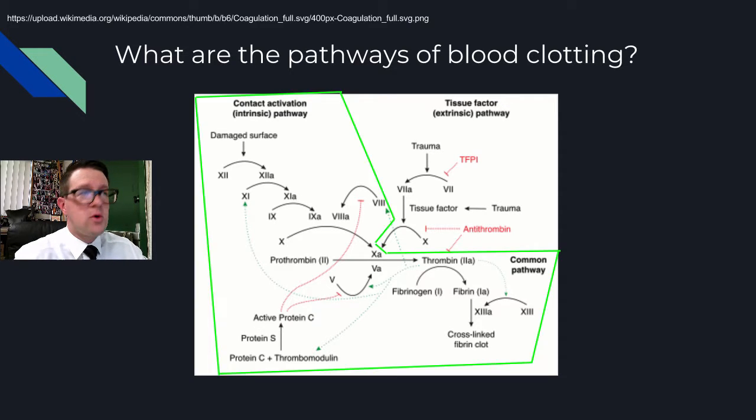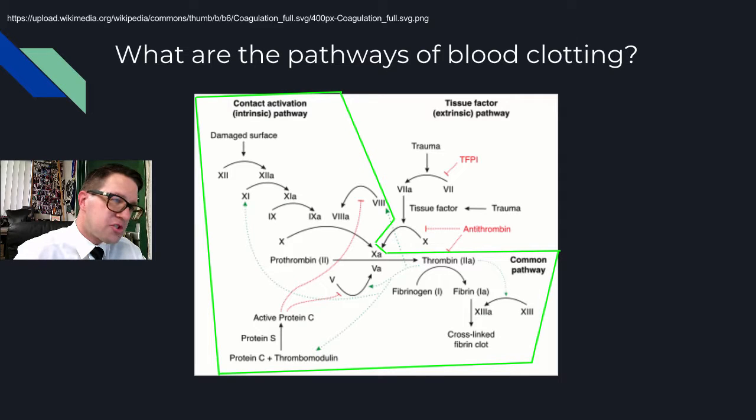Option number one is what we call the intrinsic pathway. The intrinsic pathway is a nice way of saying blood held still, and the result was it clotted. Something is making it hold still. Here they're saying a damaged surface, which does not necessarily mean it's bleeding. Damaged surface is the blood is holding still.